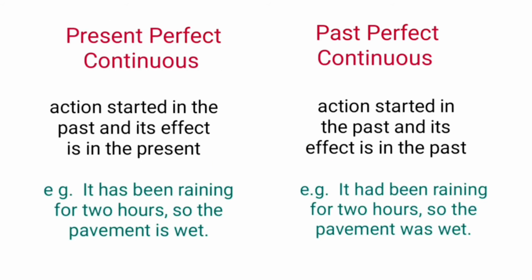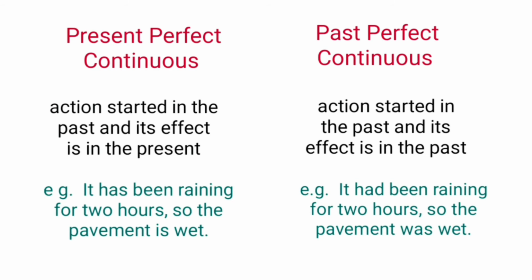In present perfect continuous tense, action is started in the past and its effect is in the present, while in past perfect continuous tense, action is started in the past and its effect is in the past only. Now, look at the examples. It has been raining for 2 hours, so the pavement is wet.